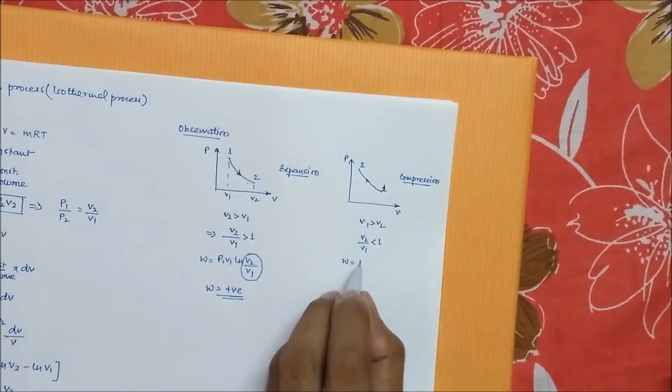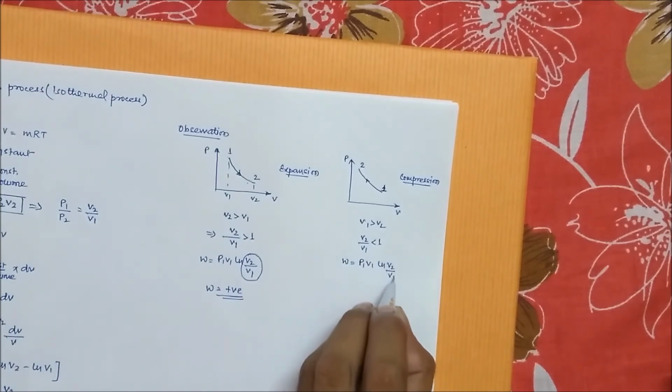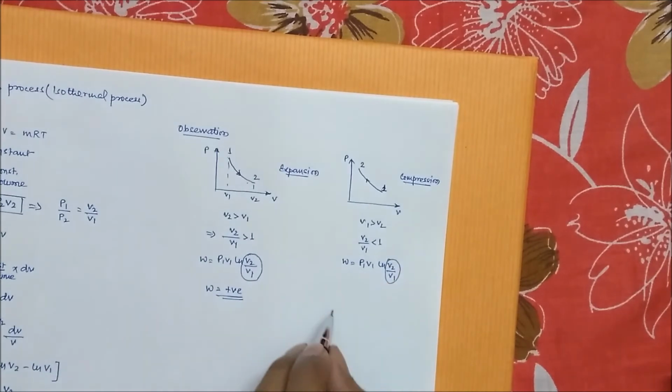Then in our formula, P1 V1 ln V2 by V1, the ratio is less than 1, that means work done is negative.